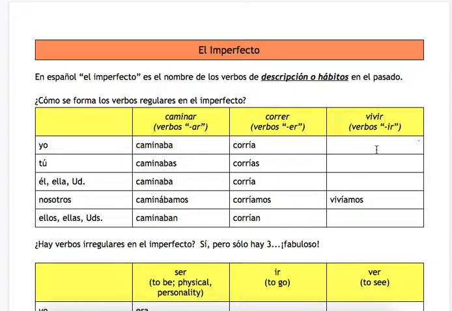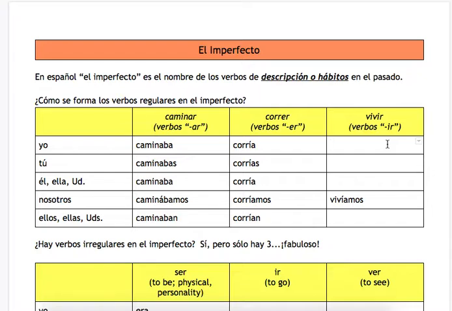Finally, we have IR verbs. An example here is vivir. And what's really nice about the imperfect is that ER and IR verbs share the same endings. So every ending that you see here in corría, you can apply to this last column.